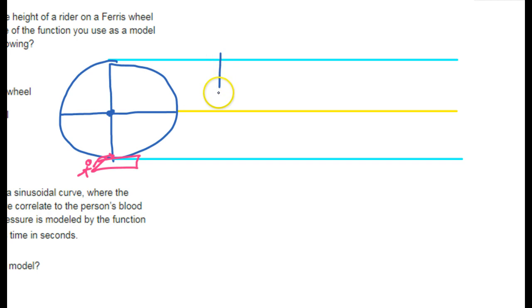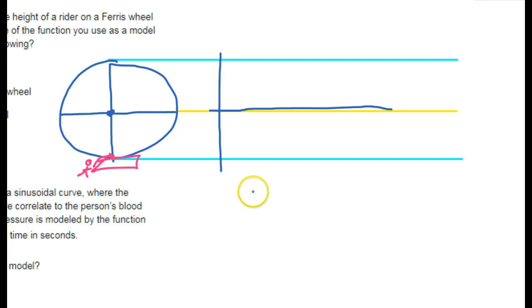So I'm going to throw a y-axis on here. Because I can see that my low is here and my high is here, that puts the midline right here in the middle. So that should be my x-axis, right?